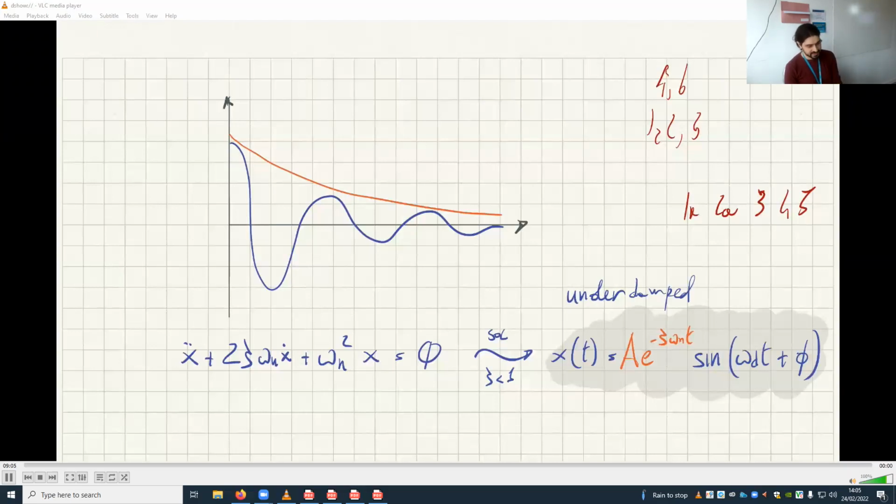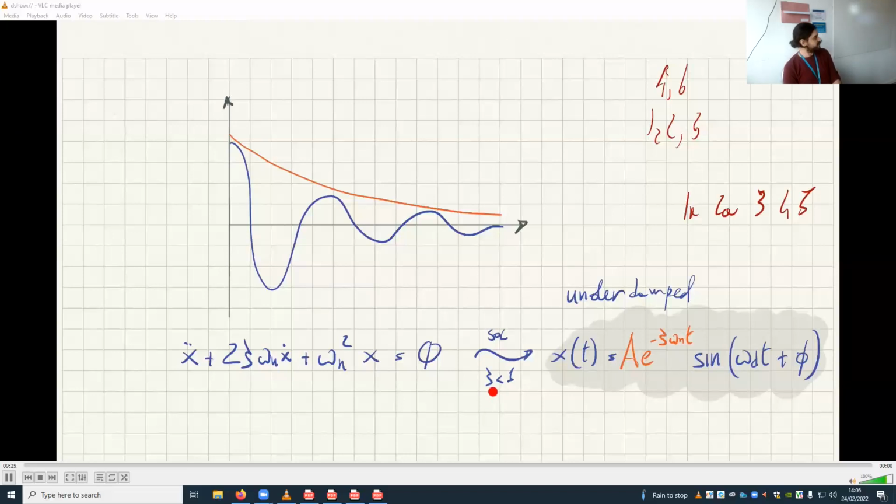As you can see, this has a sinusoid, the blue part, that is decaying exponentially. So this is an exponentially decaying sinusoid, but this applies, of course, if you have a so-called underdamped solution. That means if zeta, this zeta here that you can find here, is smaller than 1.